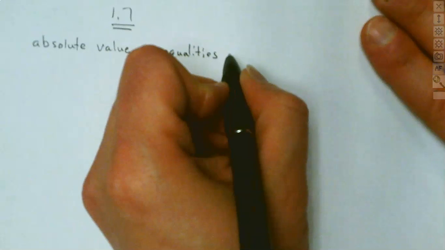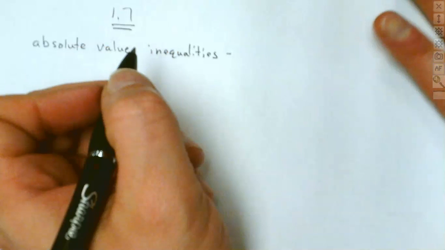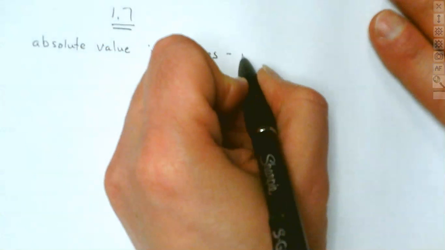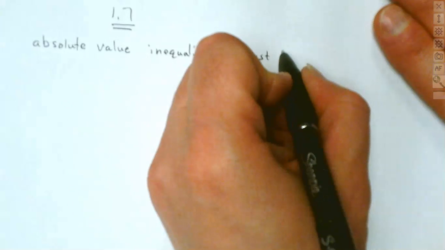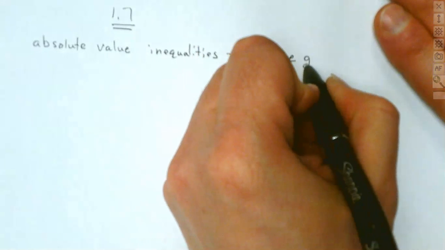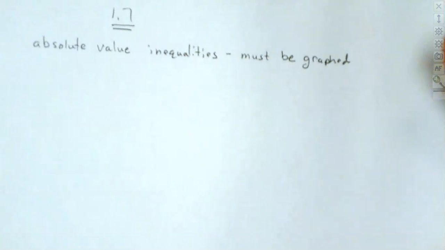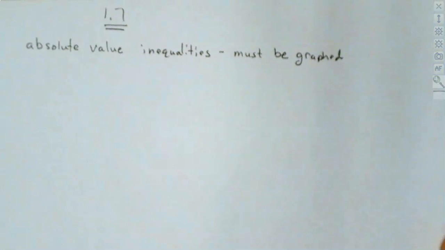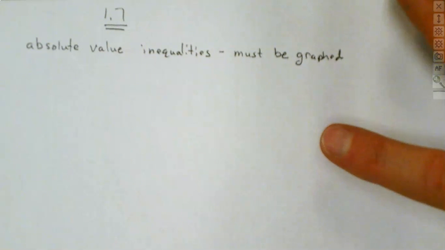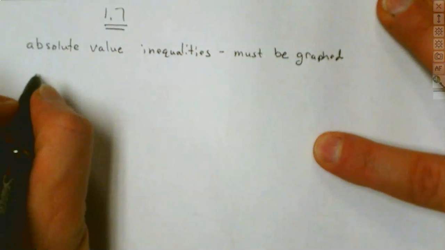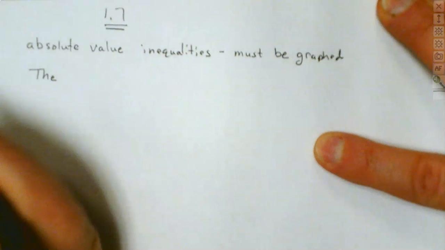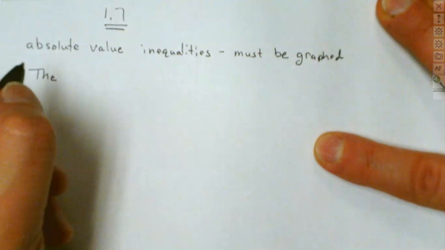Now, absolute value inequalities must be graphed. So these are all going to have to be graphed here. And when we look at these, we have two choices for the answers. So the answer is going to be one of the two choices.